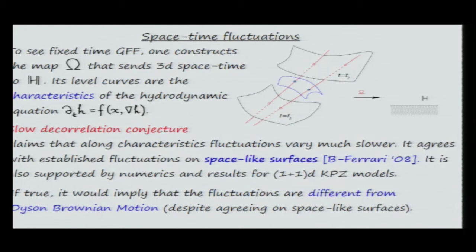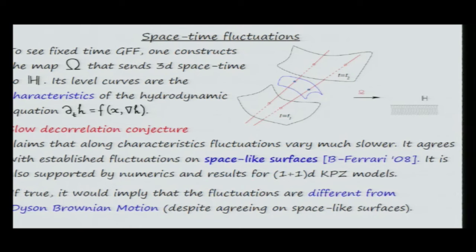So if you want to know the fluctuations at time 2t, then what you need to do is to look at the fluctuations at time t and move them to the time 2t. And how do you move them? Well, the way you move them is along the characteristics that describe the growth of the limit shape.